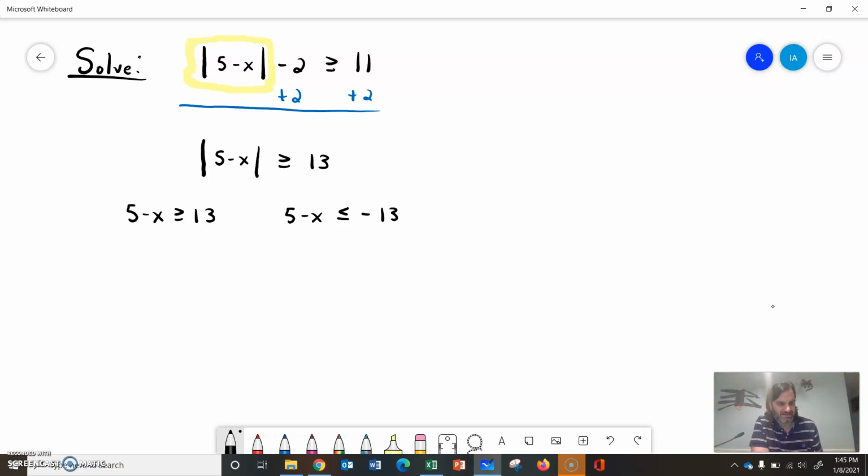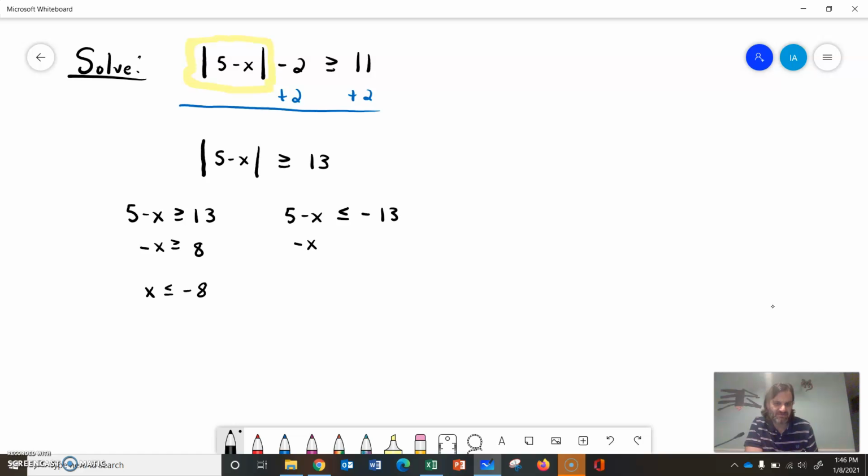Okay. So let's solve 5 minus x greater than or equal to 13 first. We'll pull the 5 over, so we'll have negative x greater than or equal to 8. And then we will divide by negative 1, which will flip the inequality, so we'll have x less than or equal to negative 8. In the other one, 5 minus x less than or equal to negative 13.